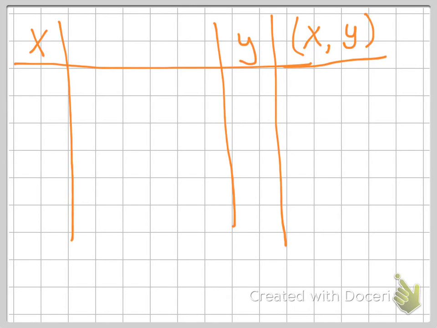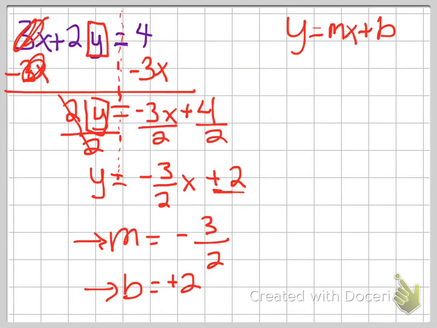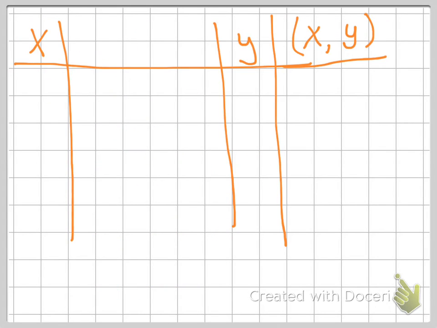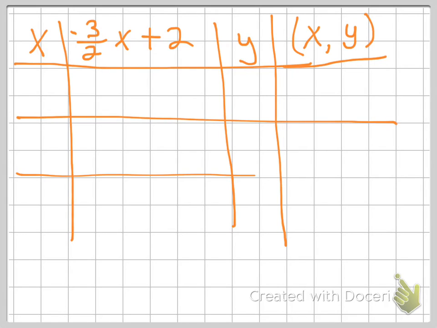Now, with slope-intercept form, I had this right here, y equals negative 3 over 2x plus 2. I'm going to write the negative 3 over 2x plus 2. Okay? And it's all about plug and chug. Now, will you have to be able to use a table? Yes. Do you have to use a table every time? No. But it is helpful to understand what's going on with these linear equations.